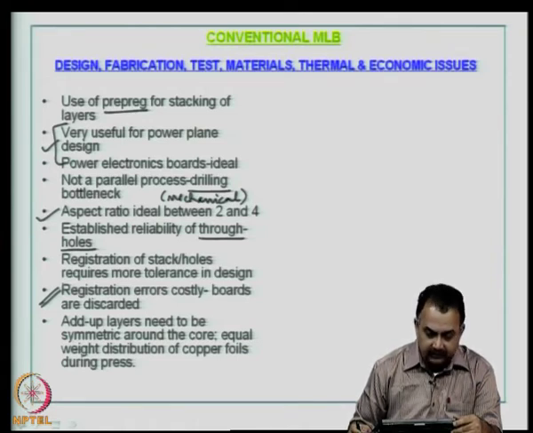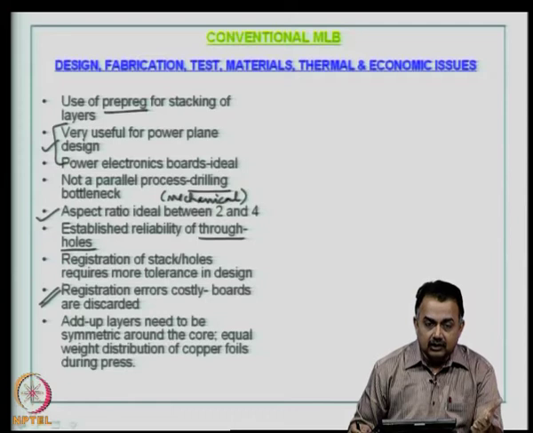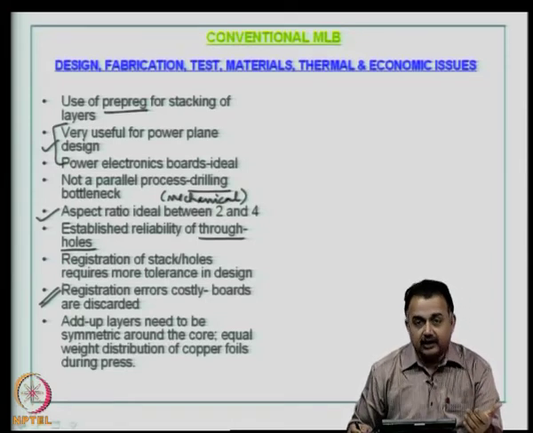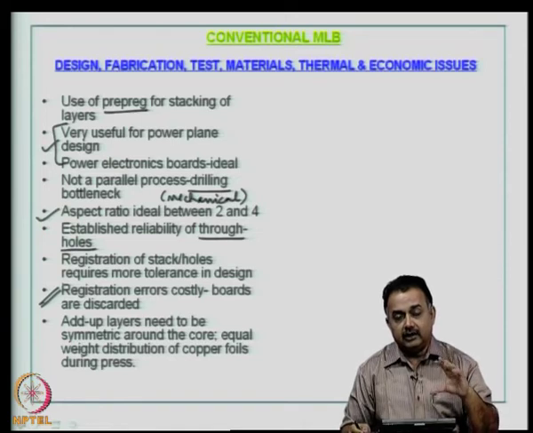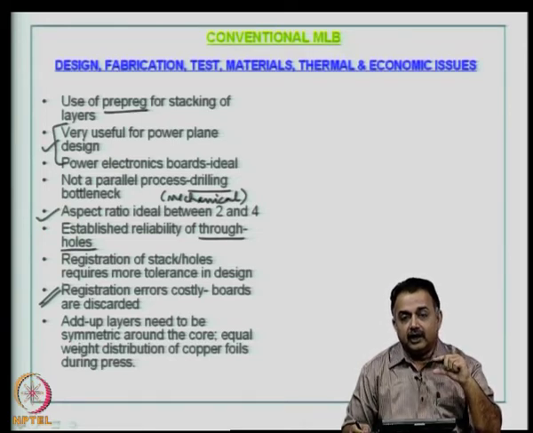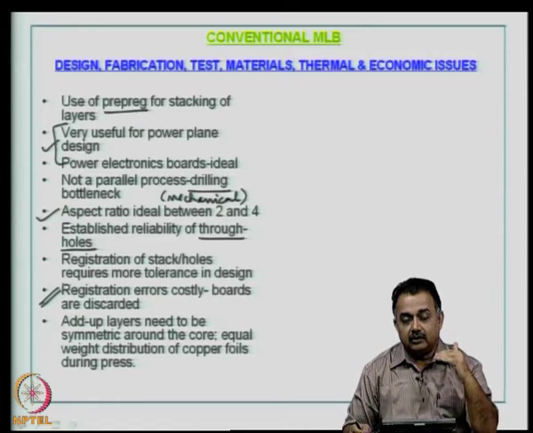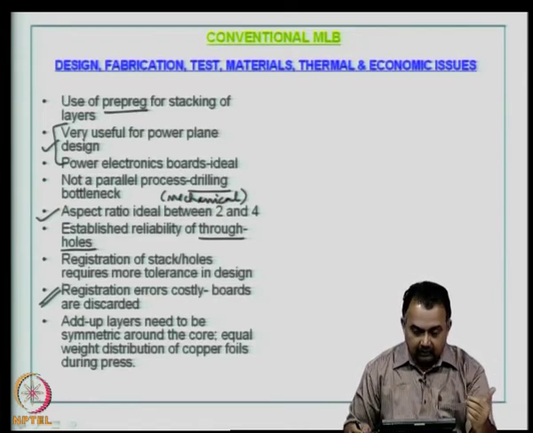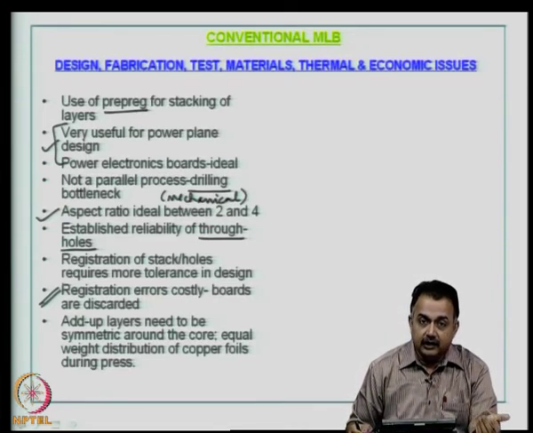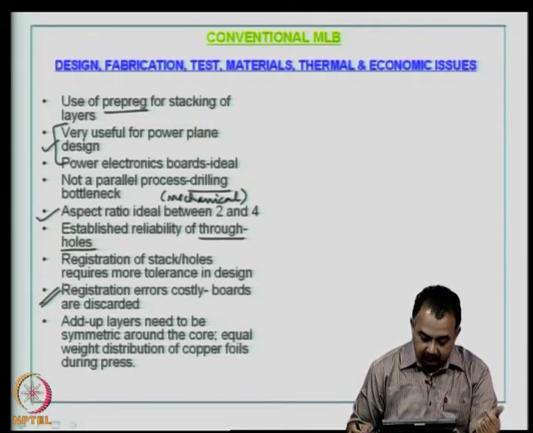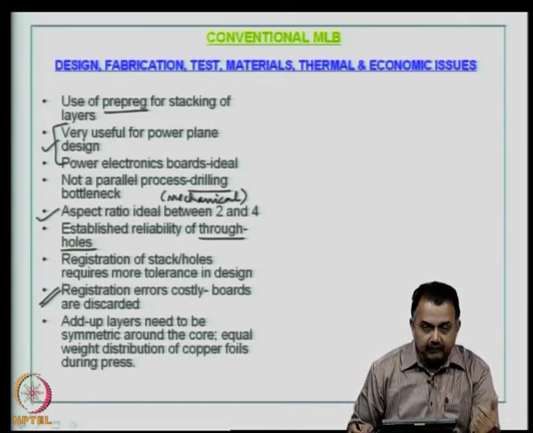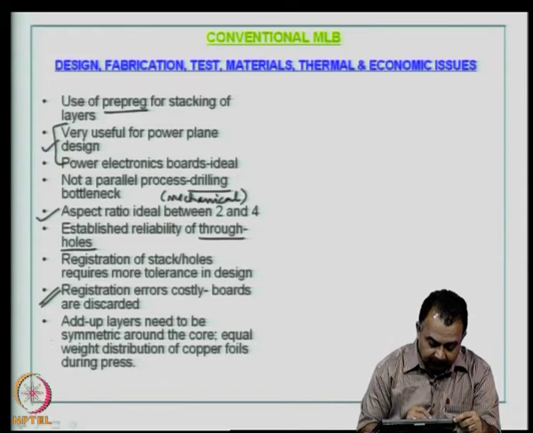Add-up layers need to be symmetric around the core, which is what we have emphasized in conventional multi-layer boards. If you take a 4-layer board, it means there is a 2-layer core and 2 layers are added, one at the top and one at the bottom, which need not be the case in an SBU HDI process, but in a conventional board it has to be symmetric around the core.